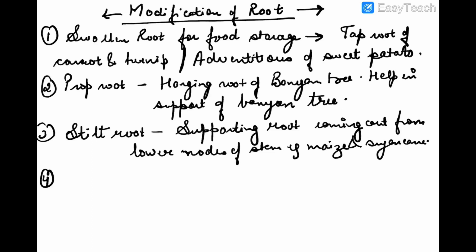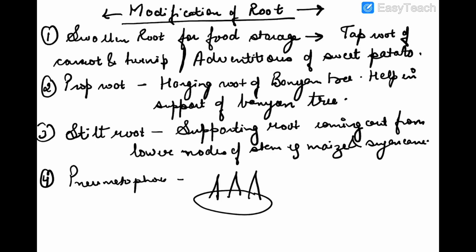Example, maize and sugarcane. Pneumatophores. Pneumatophores are the roots which come vertically upwards to get oxygen for respiration.